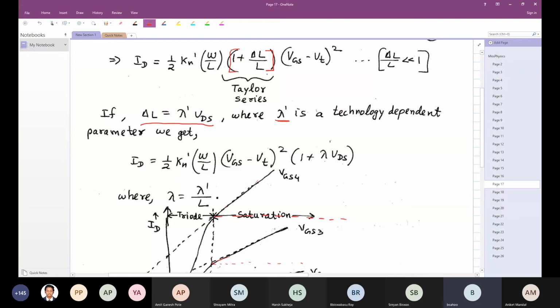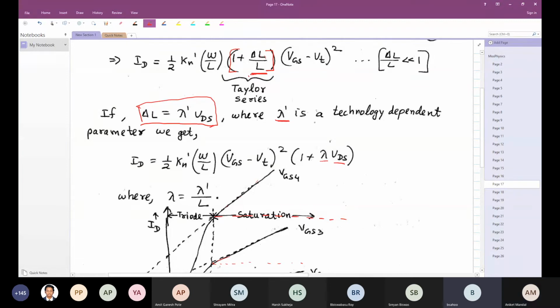Now, this is device information, and I want to relate that to circuits. After I have done the measurement, I can always mention delta L in terms of this equation, after measurement of the transistor, and put that in the model parameter. That way the circuit designer doesn't care about what L is. He looks at the VDS and this technology dependent parameter and says, okay, I'll use this.